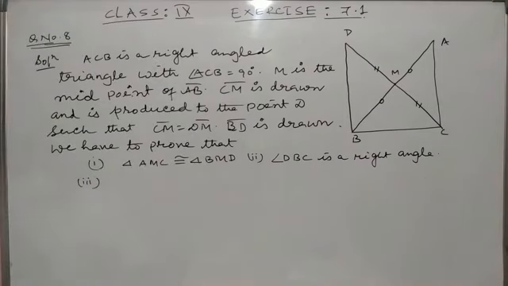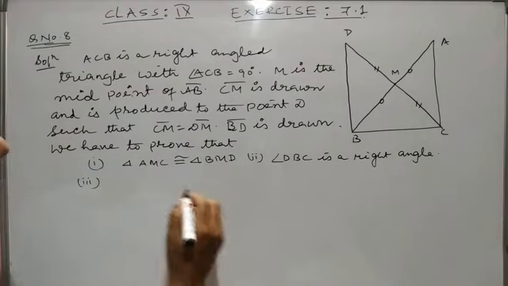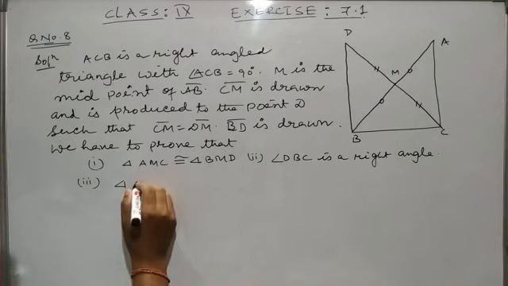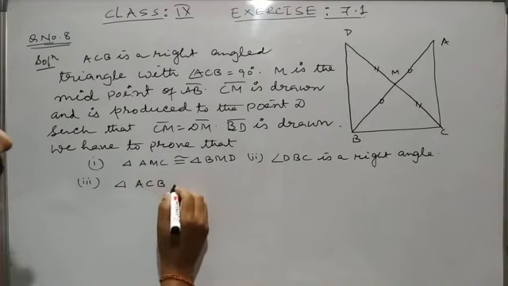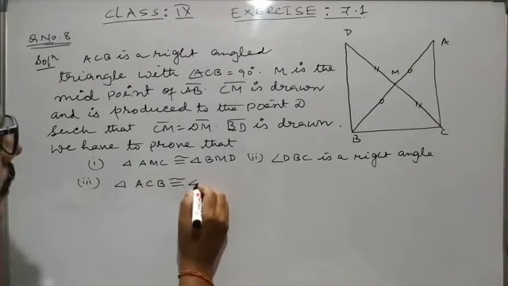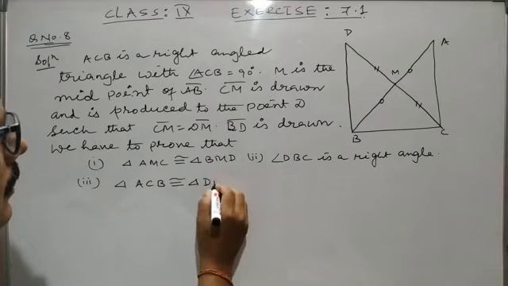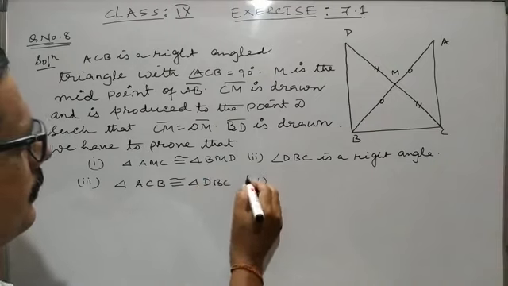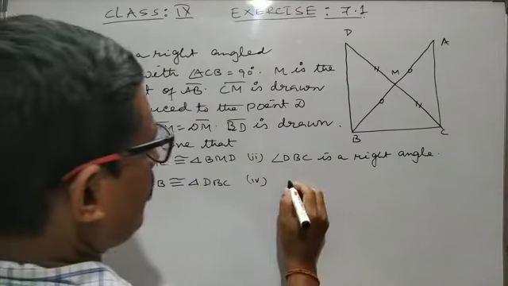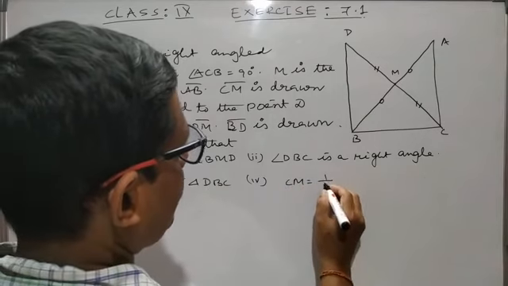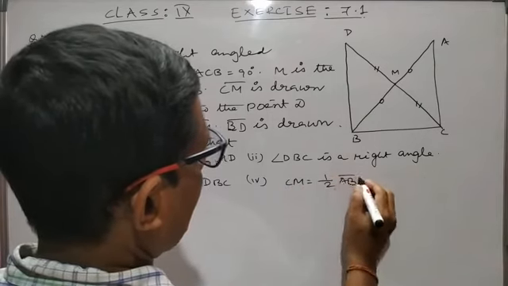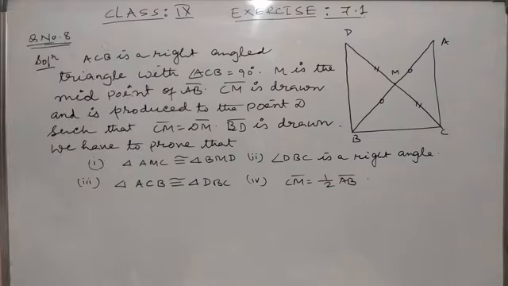Number 3, triangle ACB congruent to triangle DBC. Number 4, CM equal to half AB.